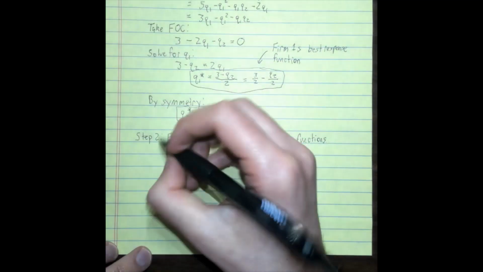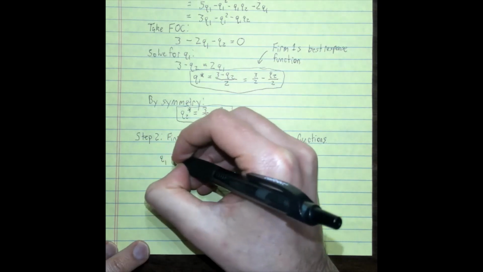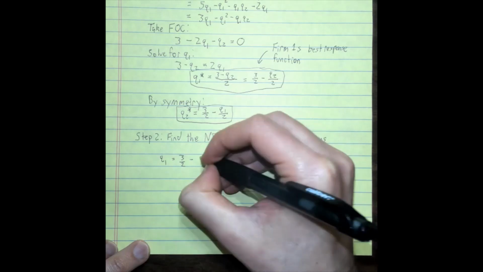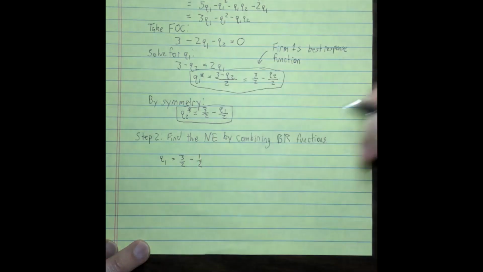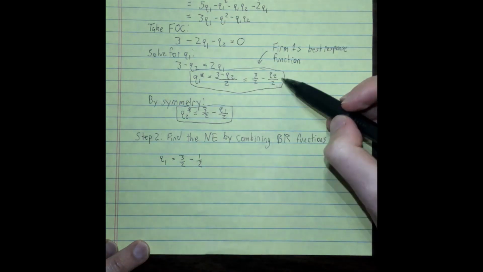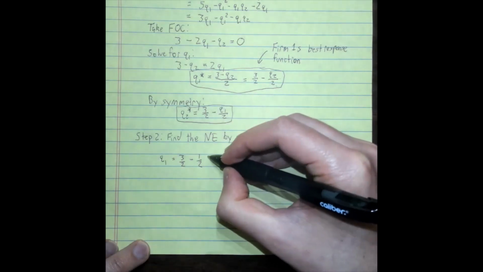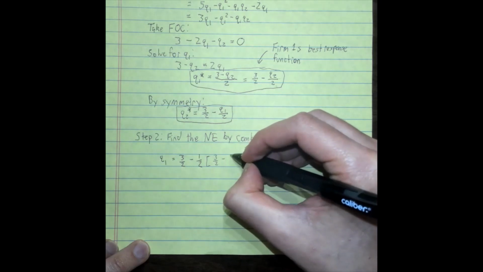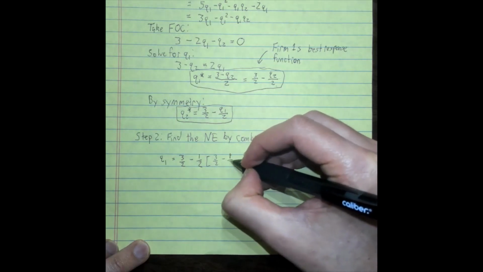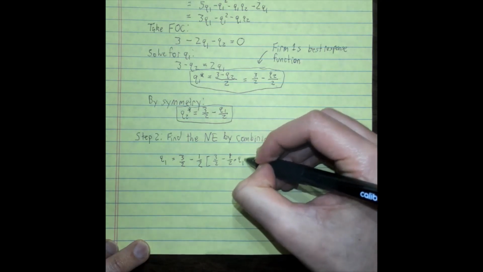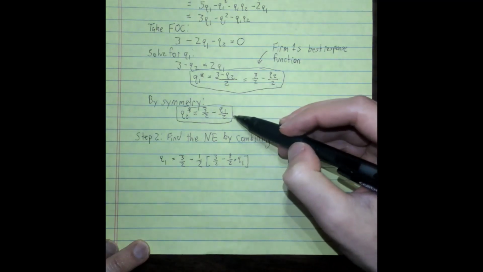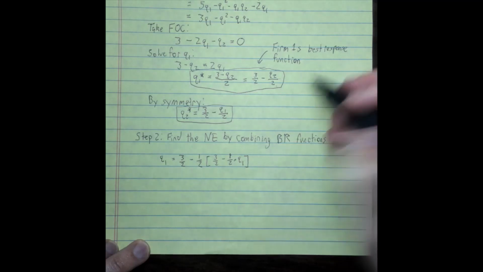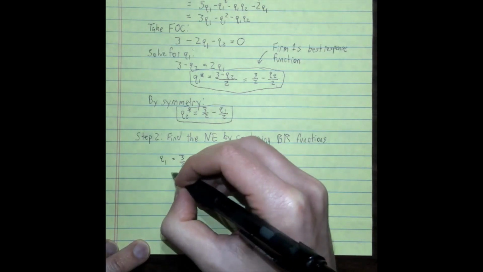All right, so Q1 is equal to 3 over 2 minus 1/2 times Q2, which is just 3 over 2 minus, I'm just going to call this 1/2 times Q1. All right, so this term here got plugged in here, right?